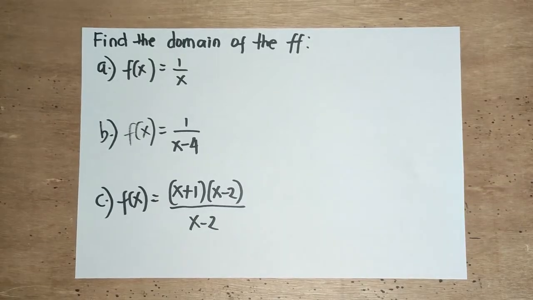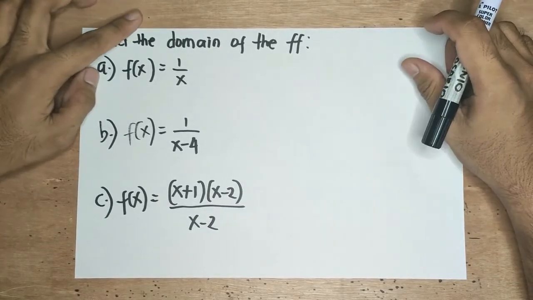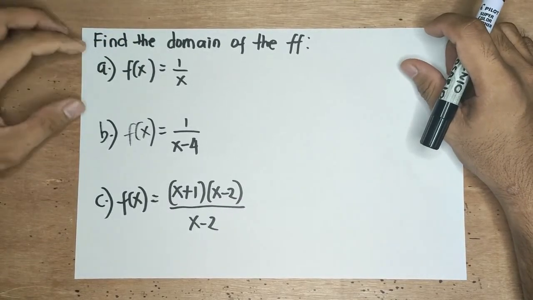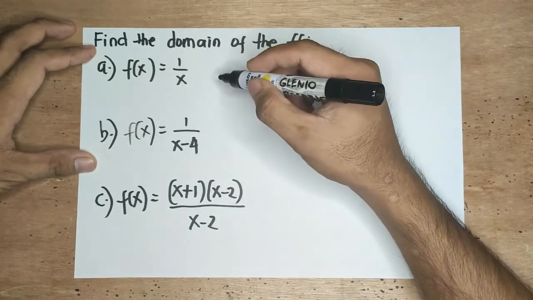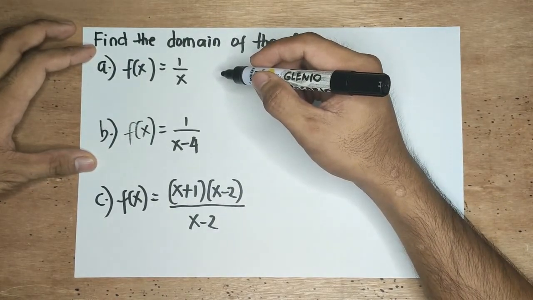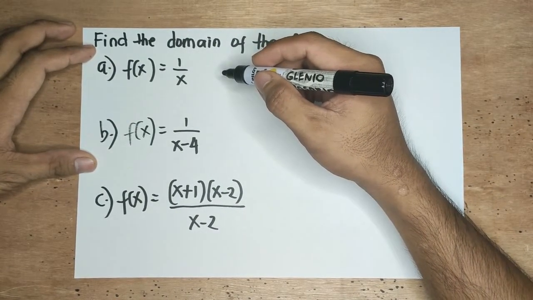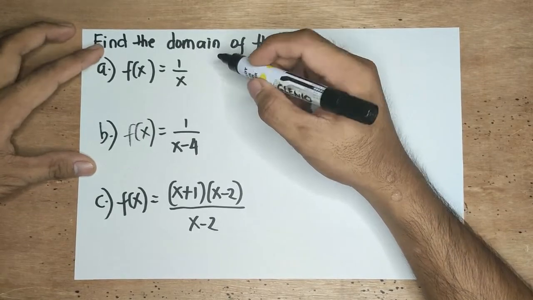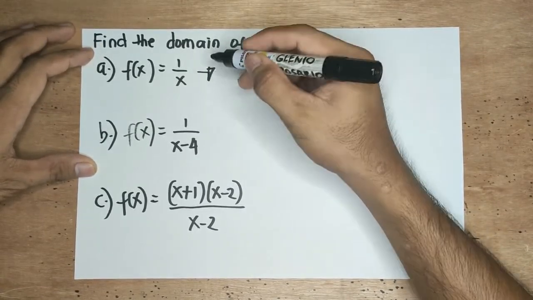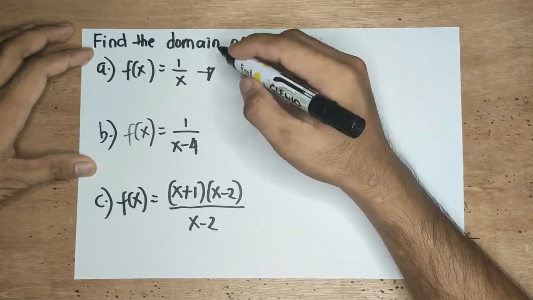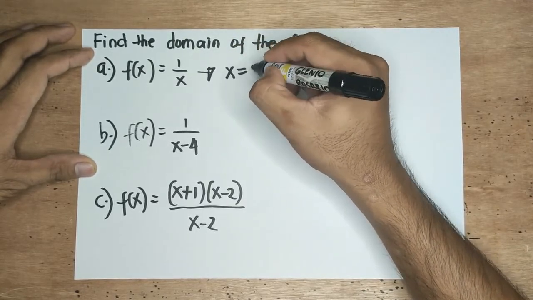In this example, we find the domain of the following functions. So the first one, we have f of x is equal to 1 all over x. So, paano natin madedetermine yung hindi isasama sa domain natin? So, coming from the denominator. Okay, so yung denominator natin, ilalabas natin, then we equate that to 0.